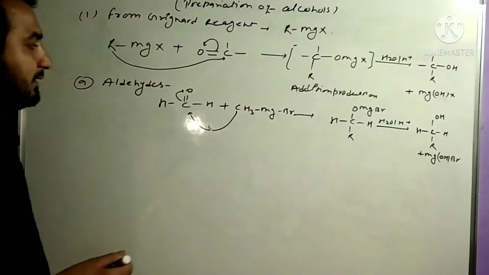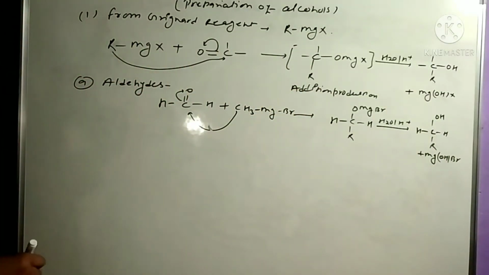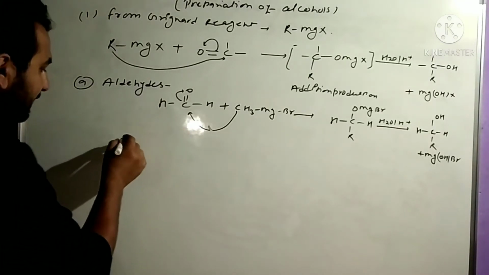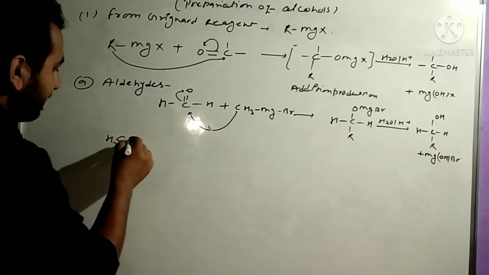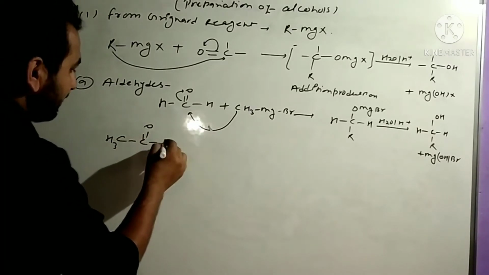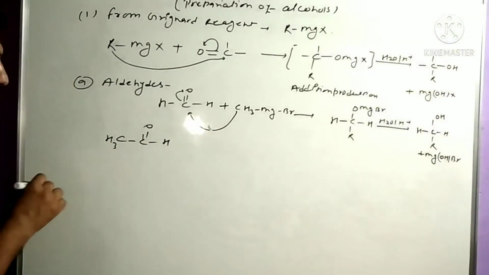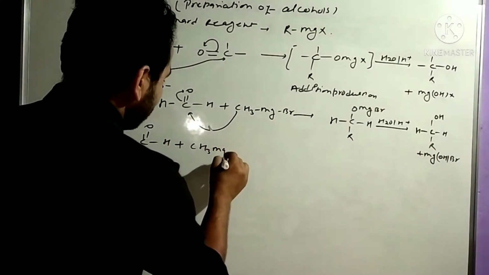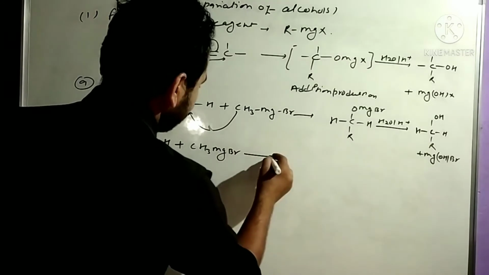Again we take the second member of the aldehydes, that means acetaldehyde. What product will form here? See very carefully. CH3CHO, C double bond O H, is acetaldehyde, plus the same Grignard reagent CH3MgBr.